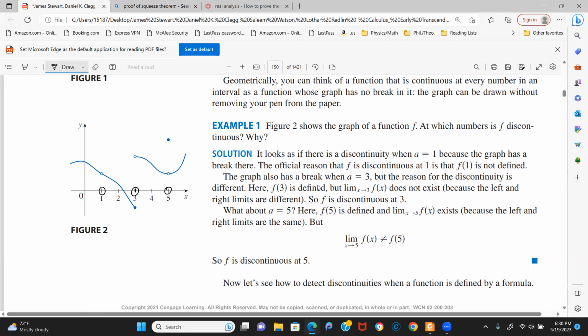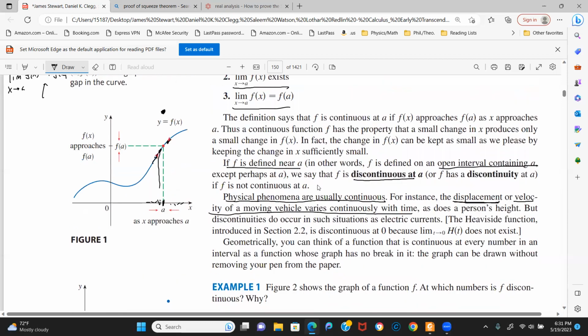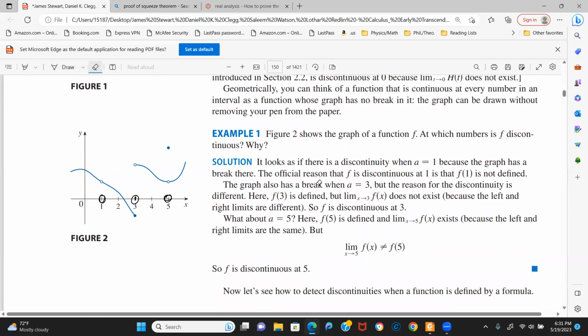So three is a jump discontinuity, and then one and five are going to be called removable discontinuities. Here, five really illustrates what I was trying to illustrate up here with this dot. When you take the limit as x approaches five, from the left or from the right, and look at the corresponding f of those values, you can see that they're approaching this hole right here.